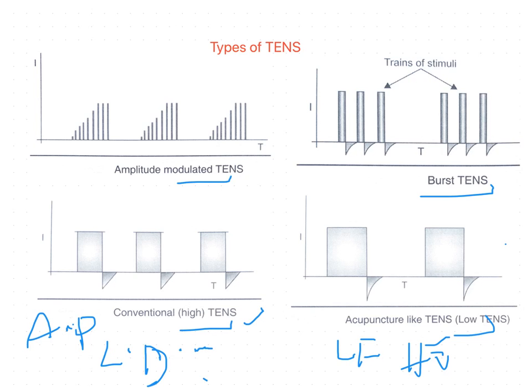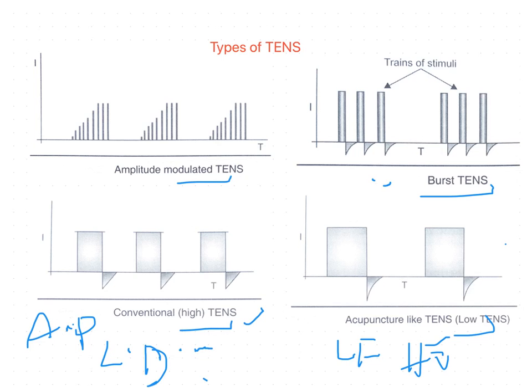Next, another one is the burst TENS. This mode of TENS was developed by Erickson in 1976. The burst mode provides a packing of several stimuli in groups ranging from 1 to 10 and is presented in bursts of energy sensed by the patient as a single stimulus.